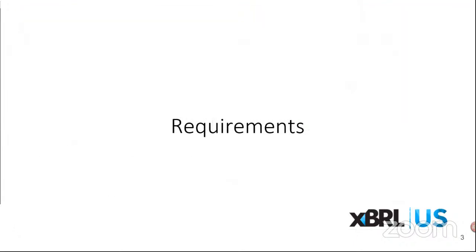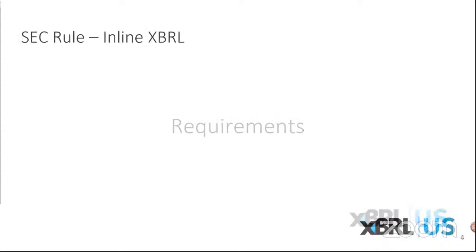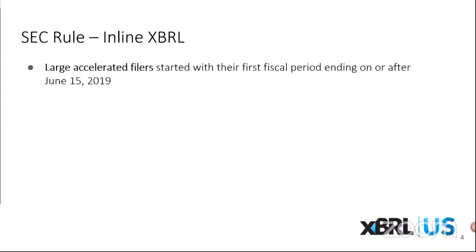Thank you, Michelle. So today I wanted to go over some of the requirements for inline XBRL and cover page tagging. As far as the actual rule with inline, depending on your filing status, large accelerated filers started filing with their first fiscal period after June 15th, 2019. So they've been filing now for almost 2 years.